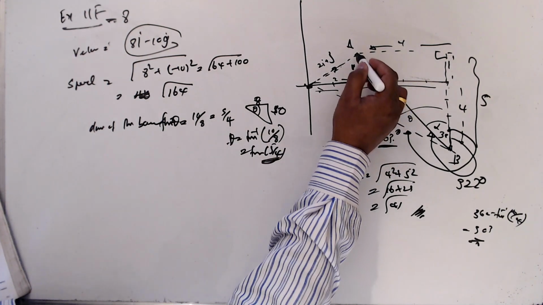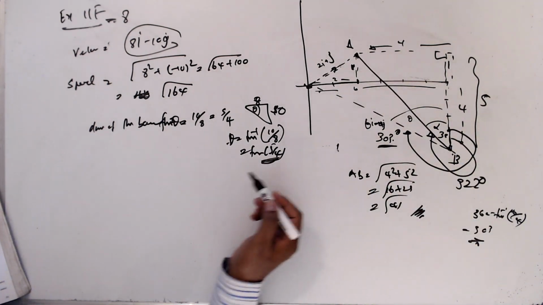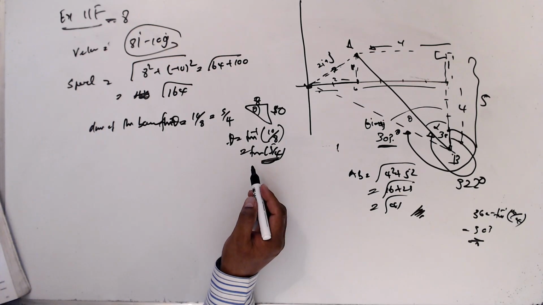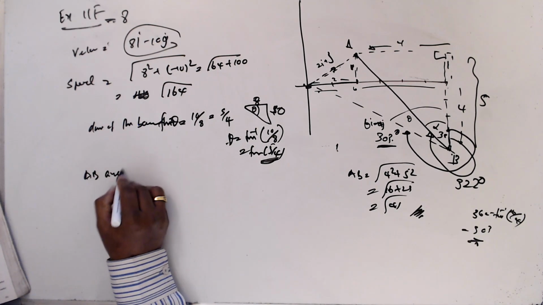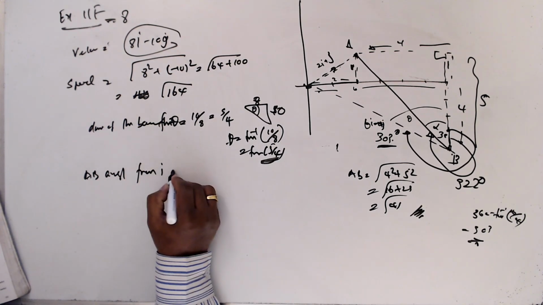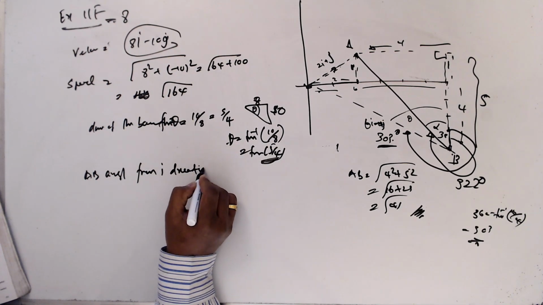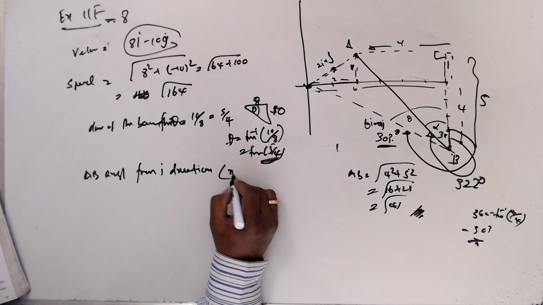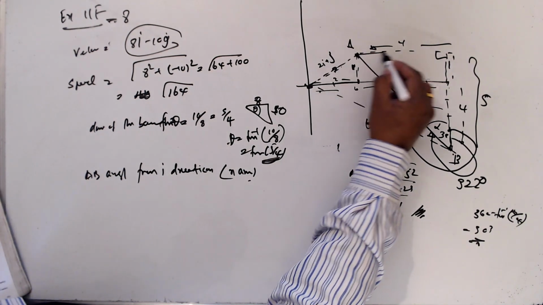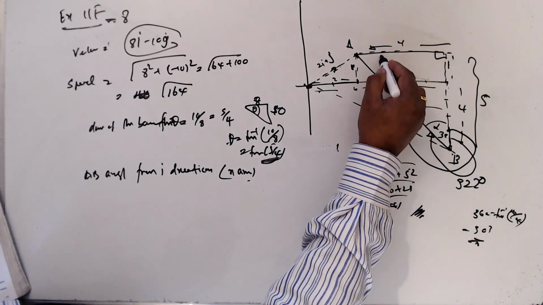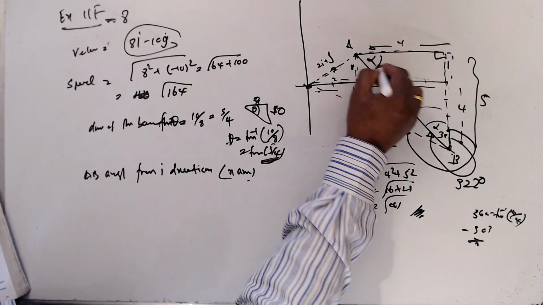What is A to B, this angle from the i direction, or x-axis? Let's say this is beta.